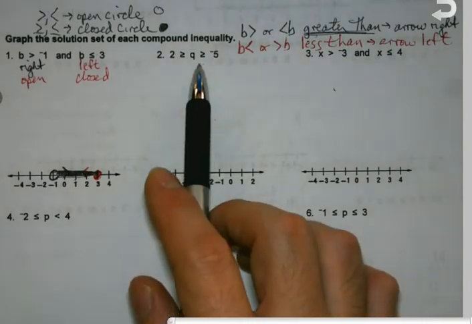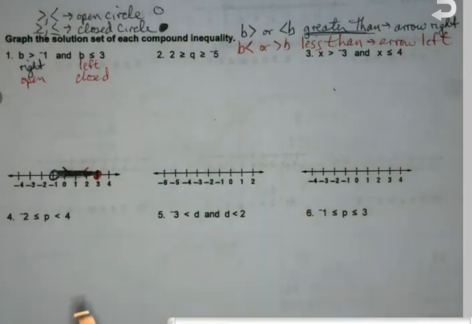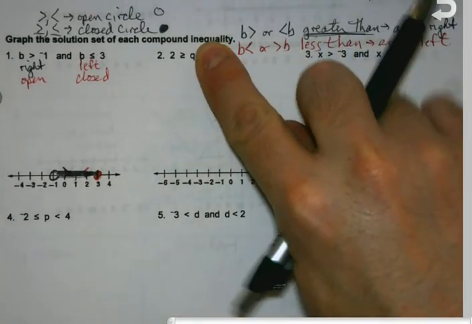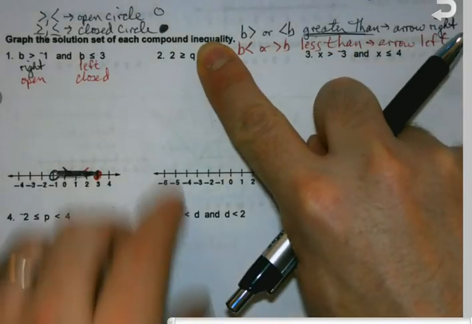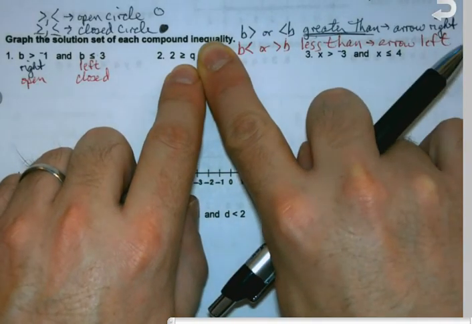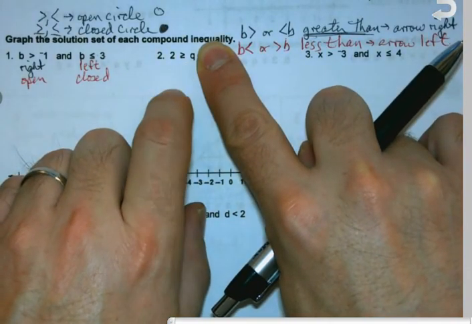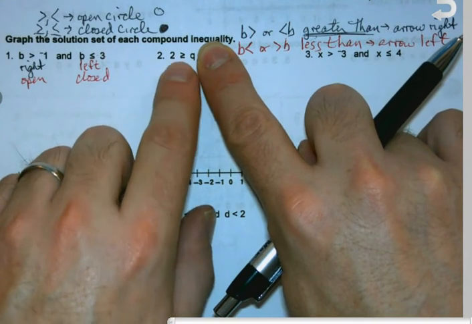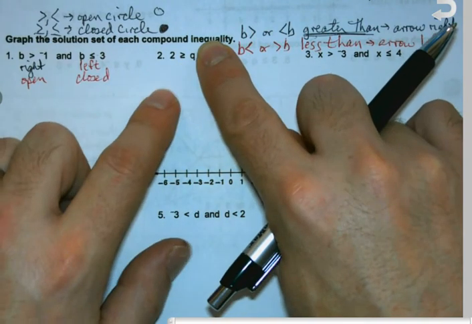Whoa, what is going on here? We're going to simplify this in a minute, but here's how these work. We're going to look at them separately. I look at this and say, okay, the arrow's pointing at Q, so that's going to be less than. That's the part that's tricky. We can't just follow the arrow. The arrow's pointing at Q, so this is less than.